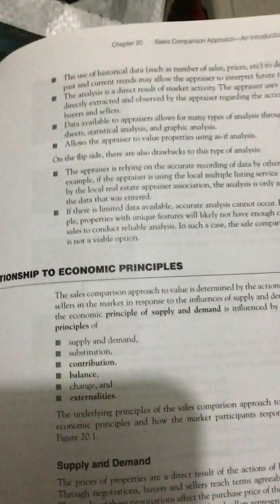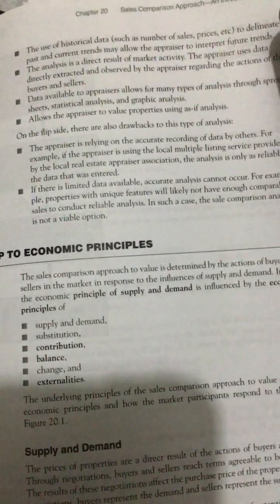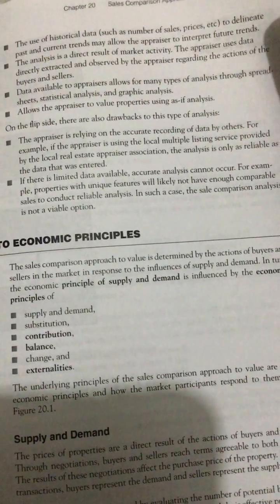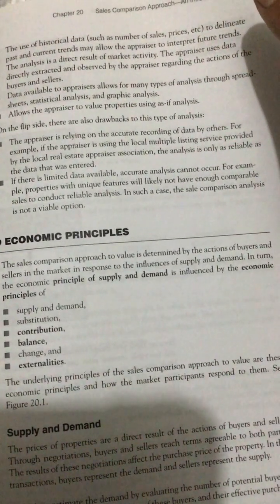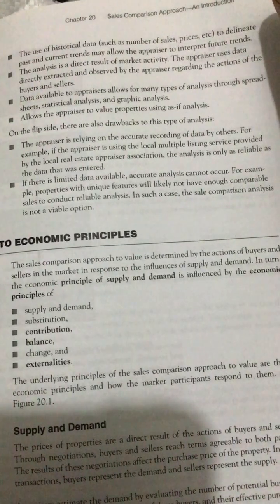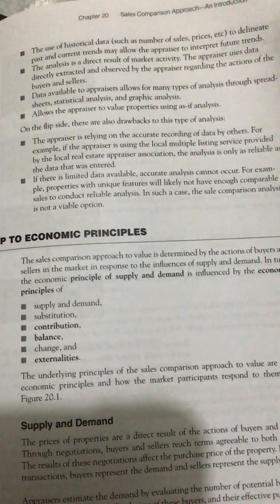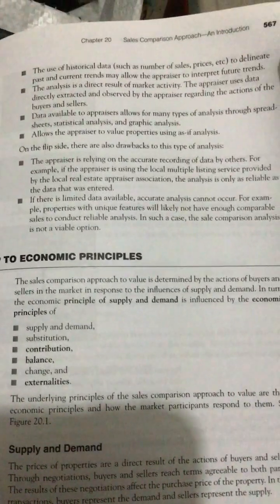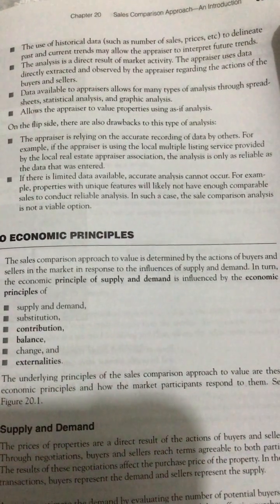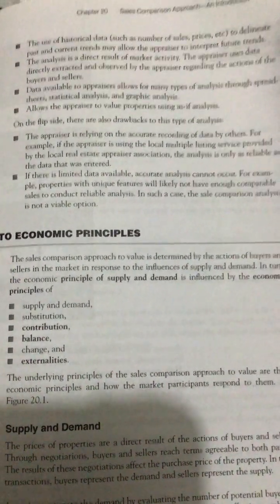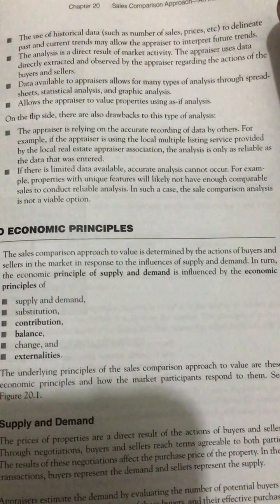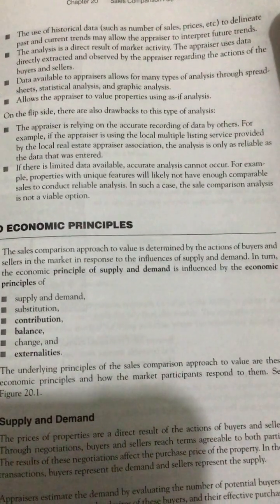Page 567. The use of historical data, such as number of sales, prices, etc., to delineate past and current trends may allow the appraiser to interpret future trends. The analysis is a direct result of market activity.